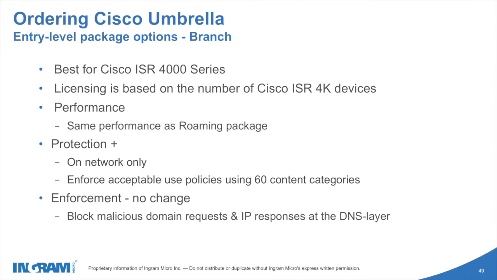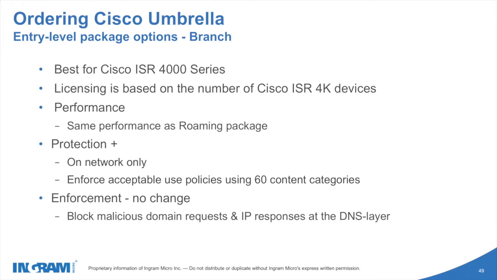For protection, we have something different. This offering is for on-network only. Imagine that you cannot roam with a 4K in your pocket, so obviously it's for on-network only. And we have enforcing of policies using 60 content categories. This was not available for the roaming client.